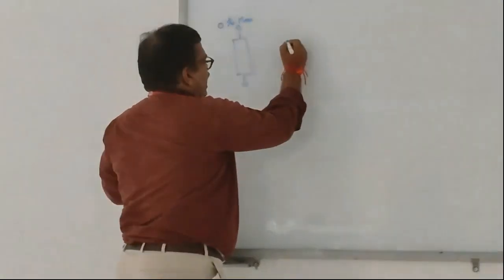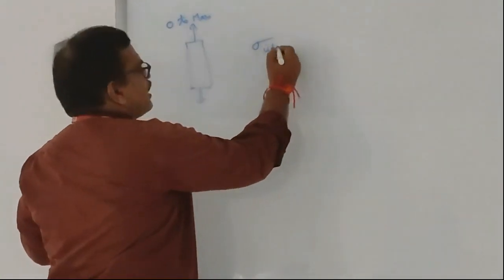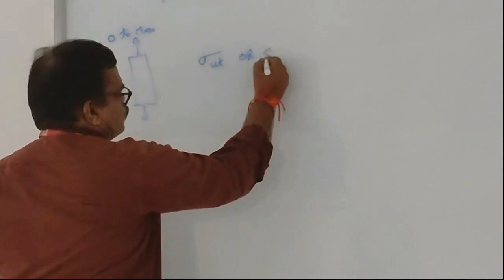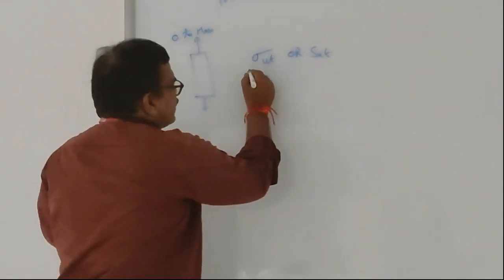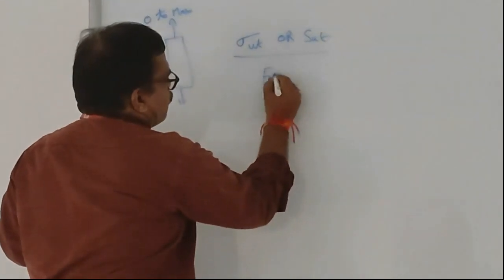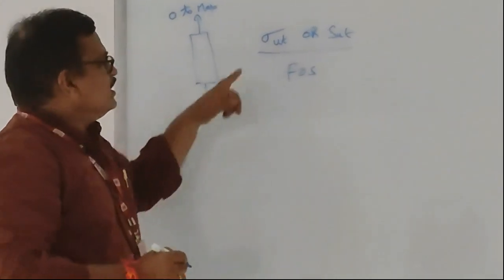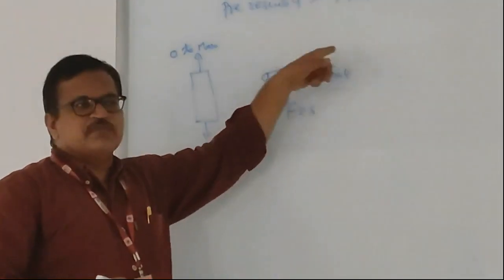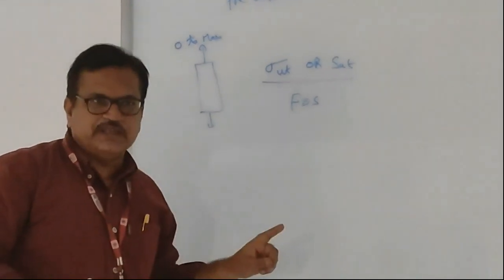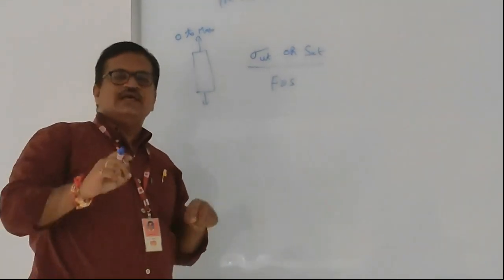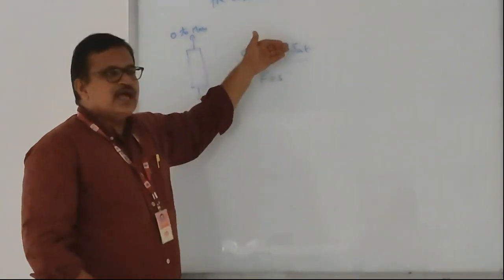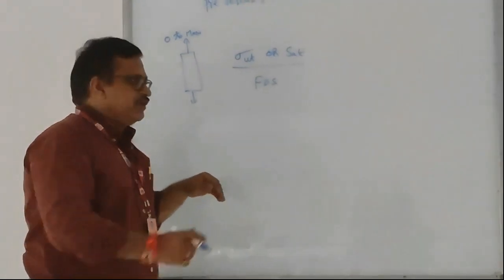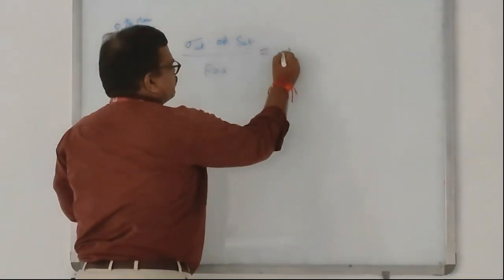Therefore, the ultimate stress, or SUT, is applied with some factor of safety, FOS. The ultimate stress or maximum stress for a particular material, which was determined in the laboratory test by using a UTM, and applied with a suitable factor of safety, gives us a stress value.